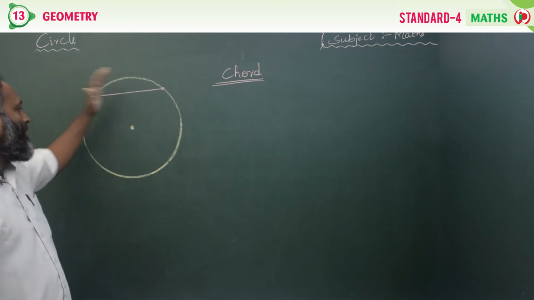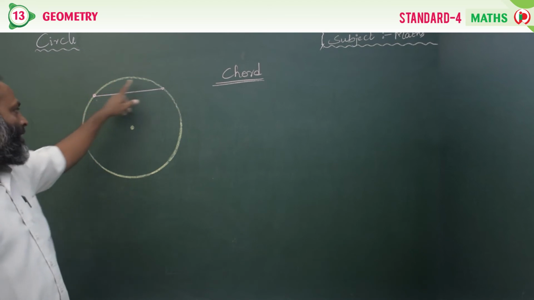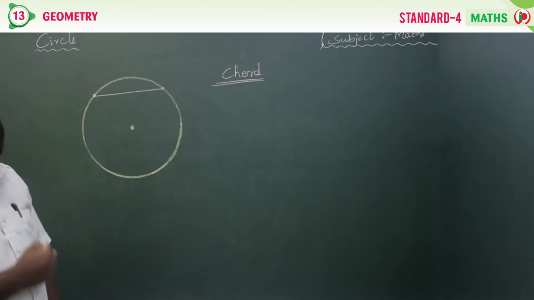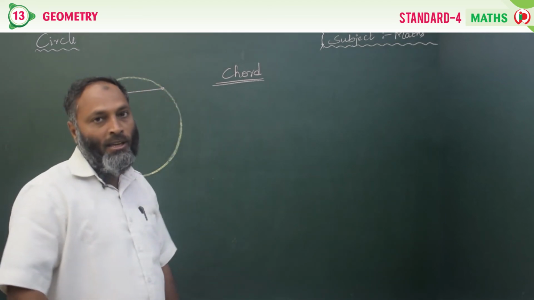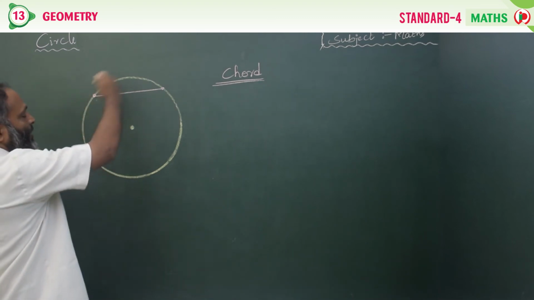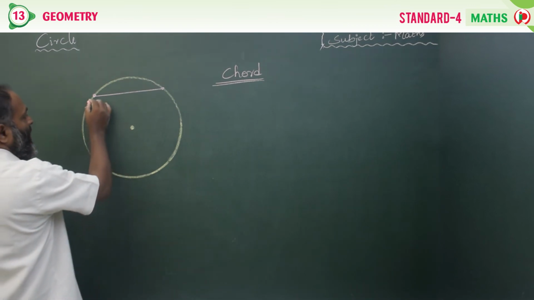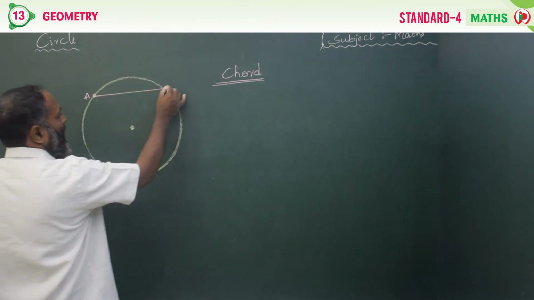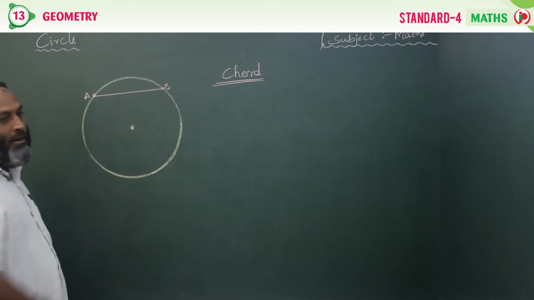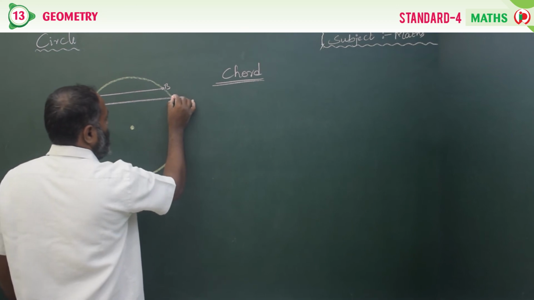Any 2 points on a circle we can join. Suppose this is one point on the circle, and this is another point. If we join the 2 points, we form a chord of the circle. Suppose this is AB. Then we can say AB is a chord of the circle. And this is another chord.